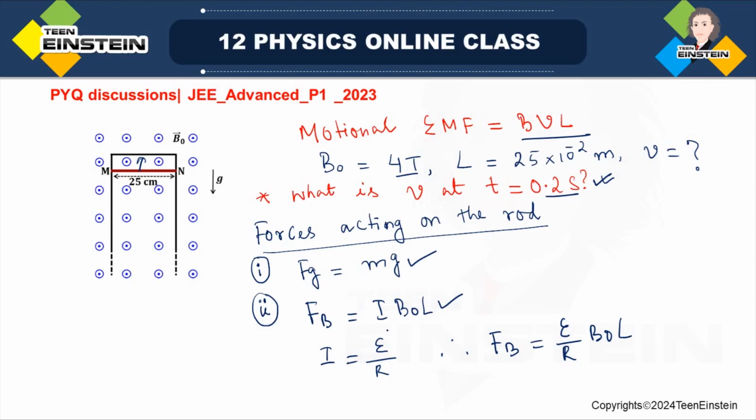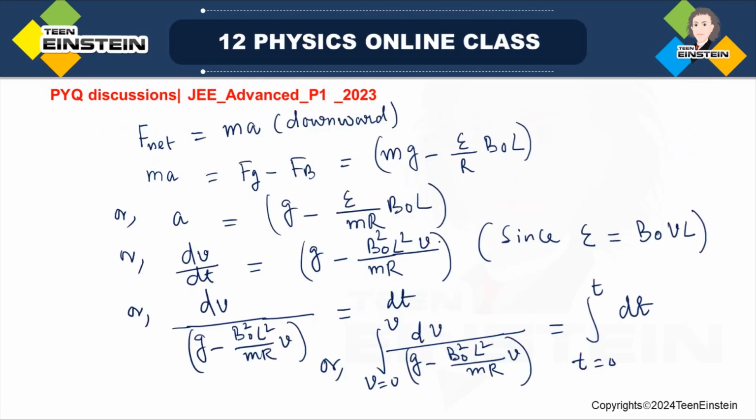Here you look, this magnetic force is I B0 L. Again, the resistance of this conducting rod is given as R, so I can write the current passing through that as EMF by R. If we put it here, the magnetic force is E by R times B0 L. So I have got these forces, and as I said, the force due to gravity initially will be greater, so you will get a net force in the downward direction, and that force, let us say ma, I can write as Fg minus Fb.